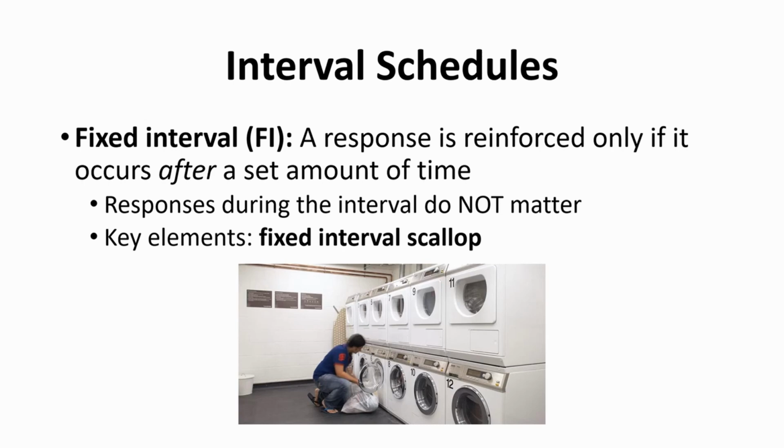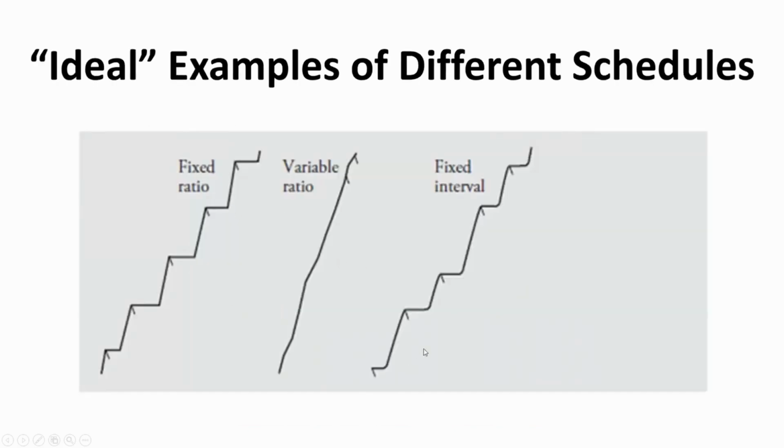That increase in behavior towards the end of a time interval shows up as a fixed interval scallop, which if we hop to our next slide, we can see as this increase in behavior towards our next period of reinforcement. Again, the tick marks are when you get reinforced.